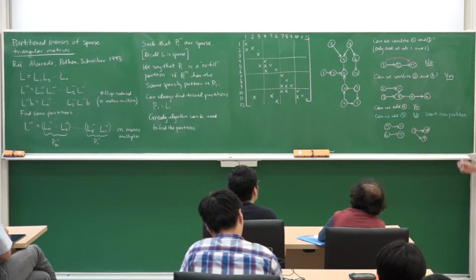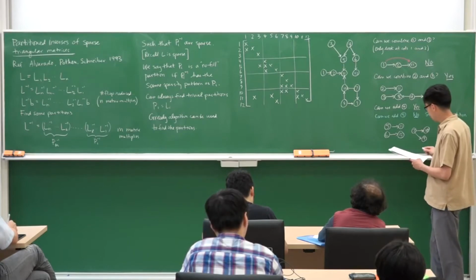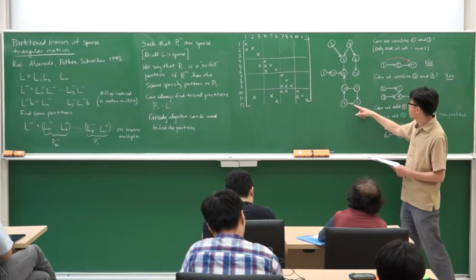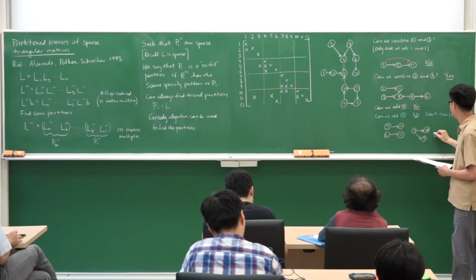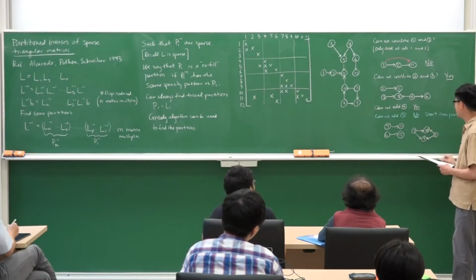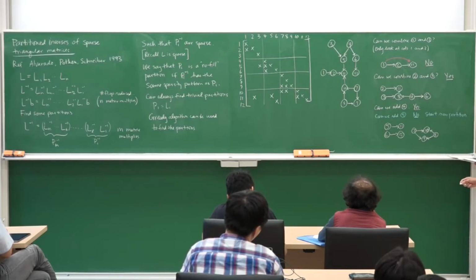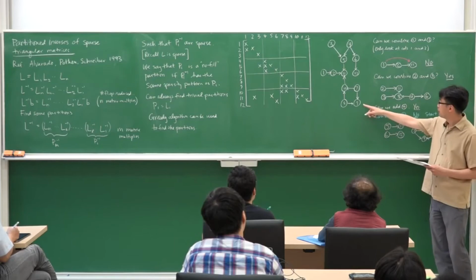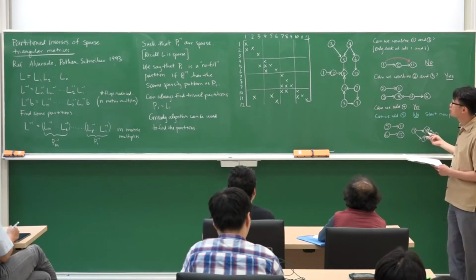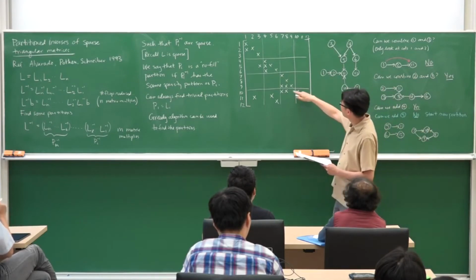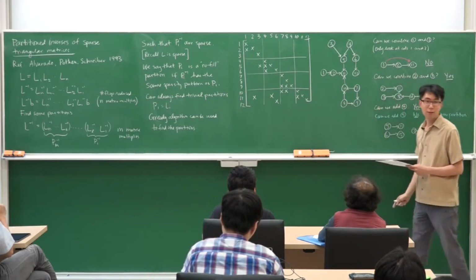And how about 8? So 8 points to 9 and 10. That's also okay. And how about 9? 9 has arrows from 7 and 8, so that's already done. In fact, no additional edges need to be added.